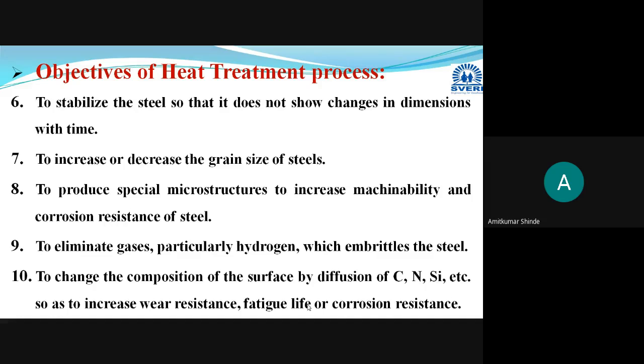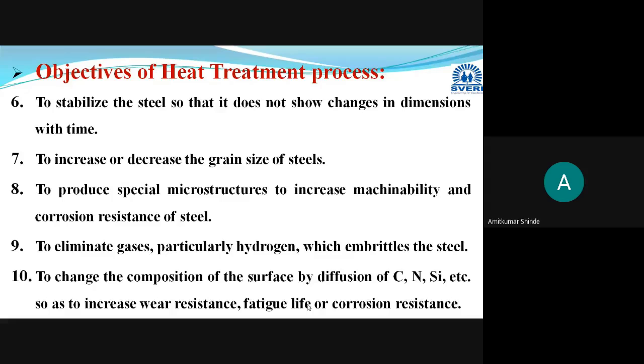Then the heat treatment process can be applied to increase or decrease the grain size of the steel. Whichever steel it is, you can either increase or decrease its grain size. Whenever we decrease the grain size, the structure becomes finer and more uniform.